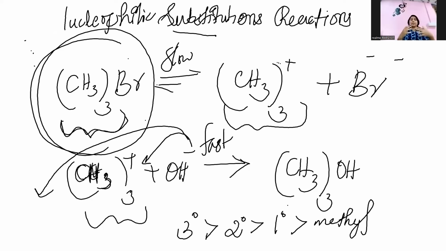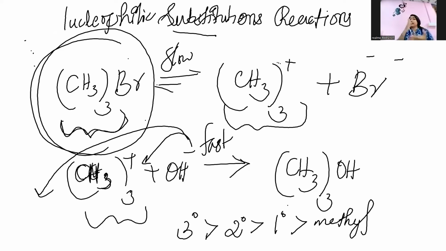The effects are the same, so there is the possibility of two products. Okay, so a 50:50 mixture will be formed, resulting in a racemic mixture. So in the SN1 reaction, racemization occurs and a racemic mixture is formed, while in SN2 reactions, inversion of configuration happens. So that's all about the nucleophilic substitution reactions, SN1 and SN2.